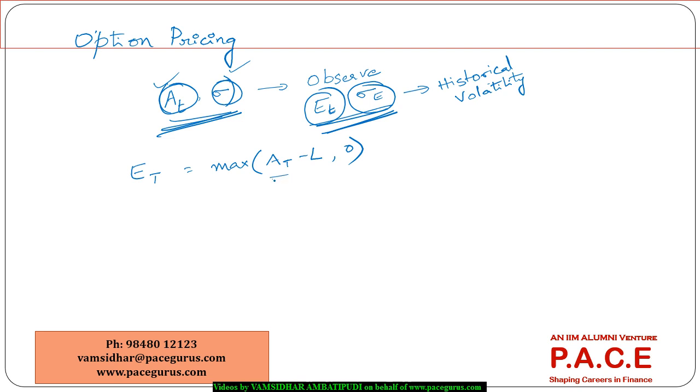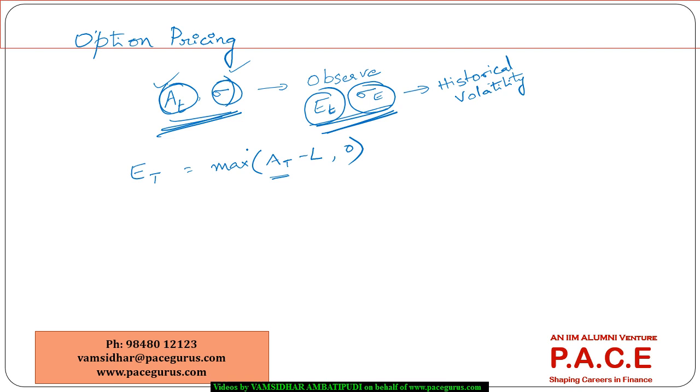If the value of the assets at the maturity date t is greater than the value of the liabilities, then the whole debt will be paid off, and whatever is the balance goes to the equity investor. So that is where we are saying the equity investor will receive AT minus L.